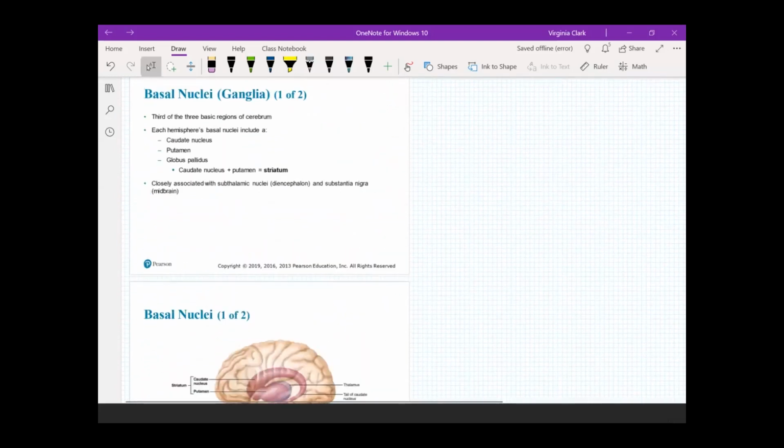Okay, another section that we're going to talk about is your basal nuclei. This is essentially going to be the third basic region of our cerebrum, or our two hemispheres. The basal nuclei are going to consist of these three structures. What you need to know about the basal nuclei, in simple terms, is that this is a collection of cell bodies.